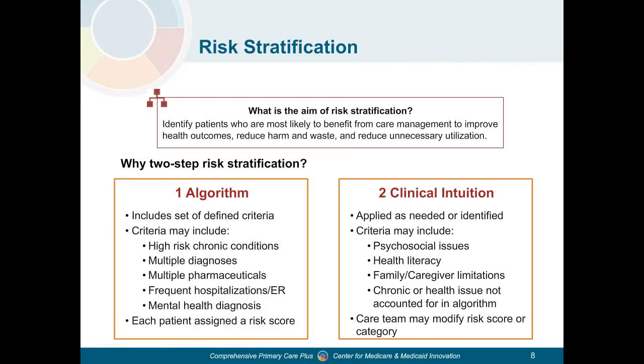Okay, so risk stratification, right? Let's unpack these terms, because so much of care management in my mind is just about getting the intentions and the direction right, and then figuring out the terminology. So risk stratification is basically a planned, intentional, proactive process that you carry out at the practice level. That's really important.